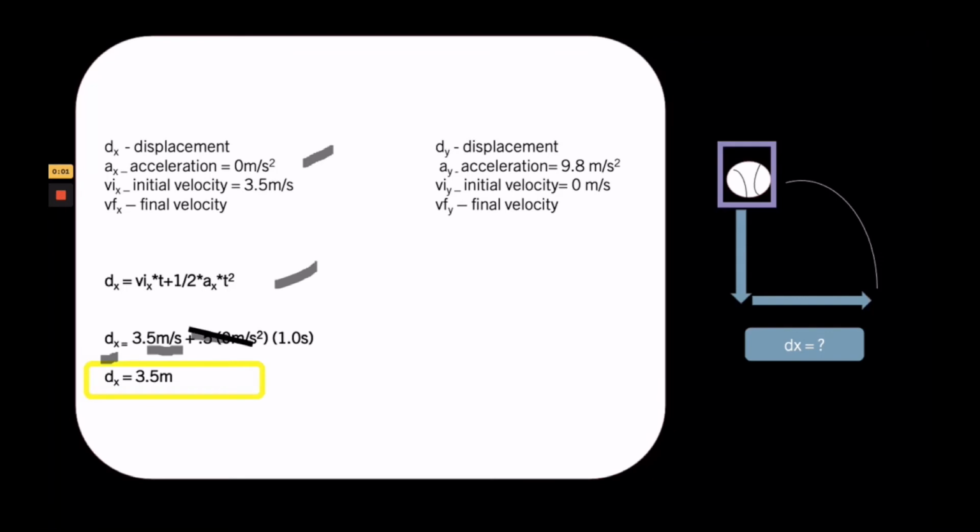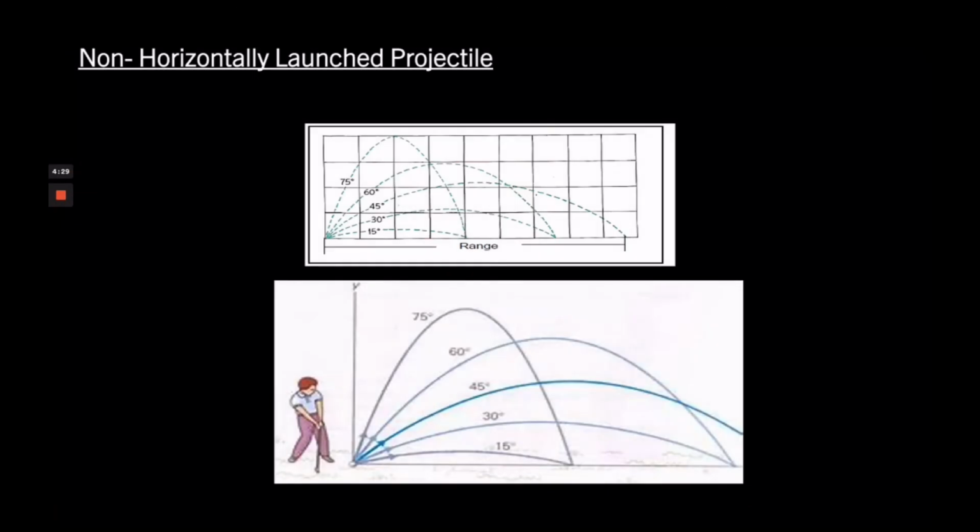So you simply count 0.5 times 0, and you end up multiplying 3.5 meter per second by 1 second. Therefore, our answer is 3.5 meter for the displacement x. And that's it. That's how easy you can solve problems regarding horizontally launched projectiles.